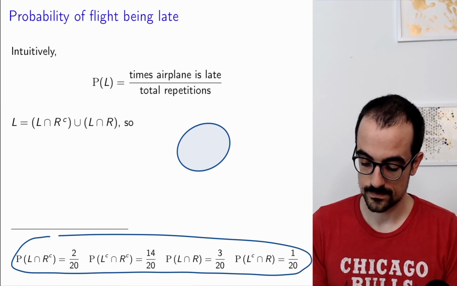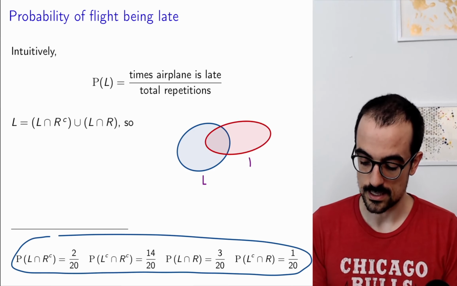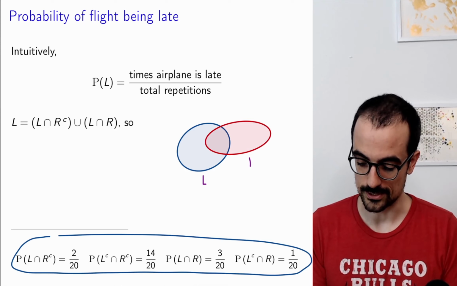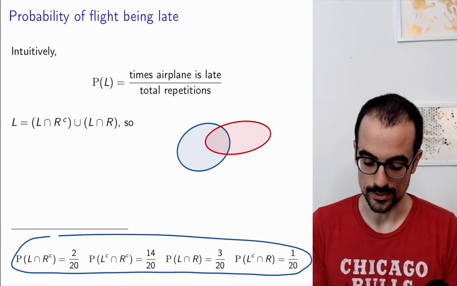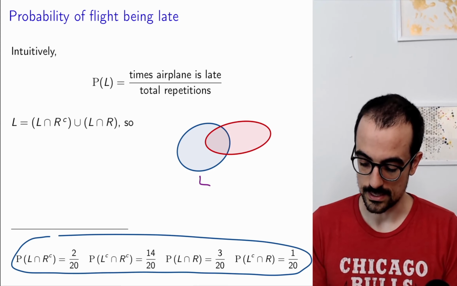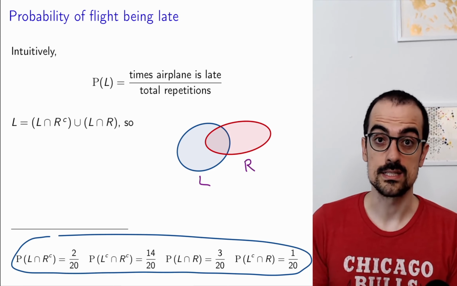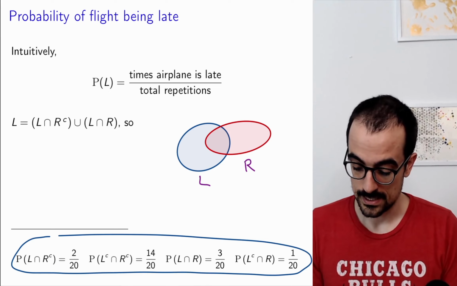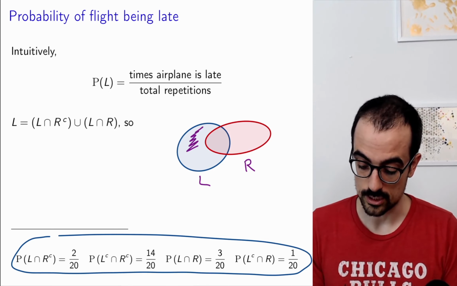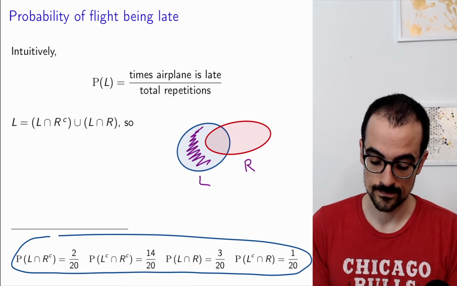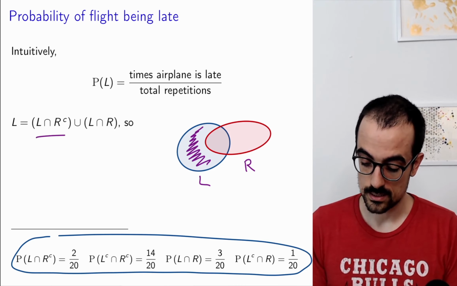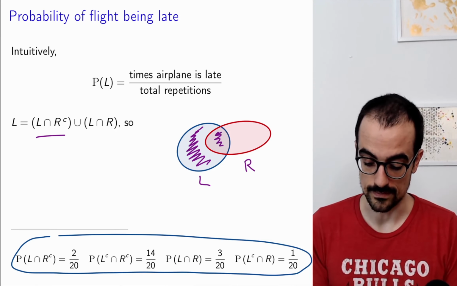This is L, and this is R. Okay, so we express L as the union of all the outcomes that are in L and not in R, and the union with the intersection of L and R.